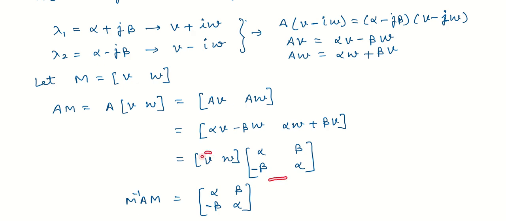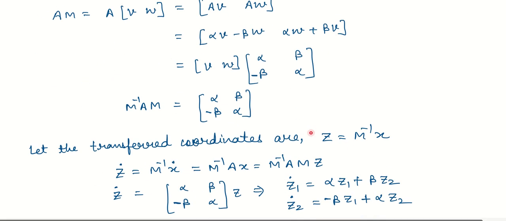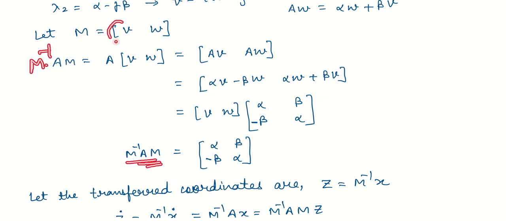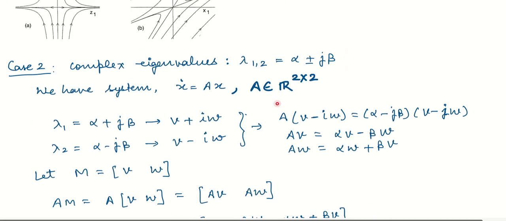This times this, you will get this element. And again, this times this, you will get this element. So these two are the same. Now, if I multiply by M inverse, the inverse of this matrix, we will get this final matrix, alpha beta minus beta alpha. So please note that alpha and beta are the real and imaginary part of the eigenvalue.